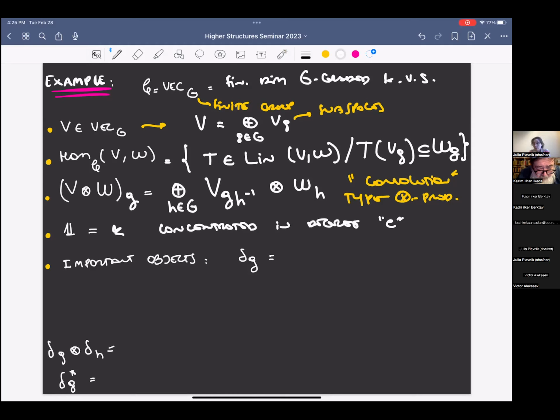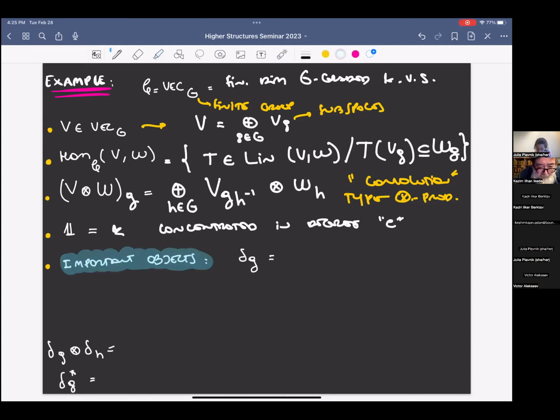And you could tell me, okay, that's fine. But what if I do the same for other degrees? Because I could look at the other objects that are one-dimensional, basically, but are concentrated in other degrees. That's a fair question. Actually, those are very important objects in this category.